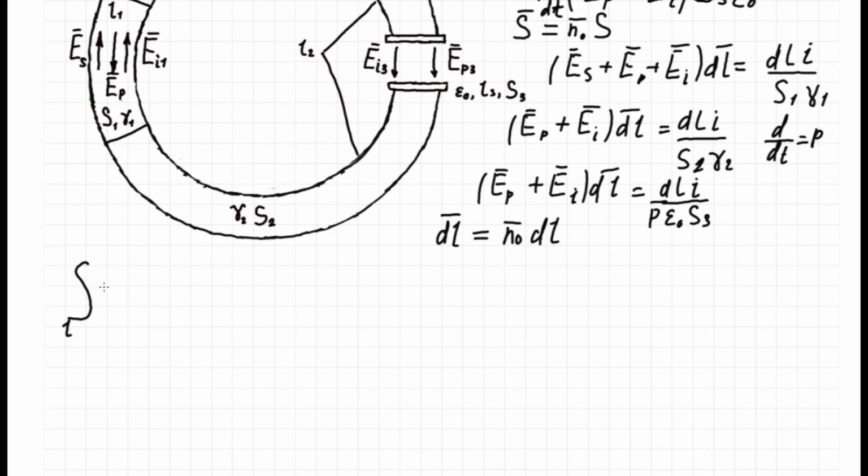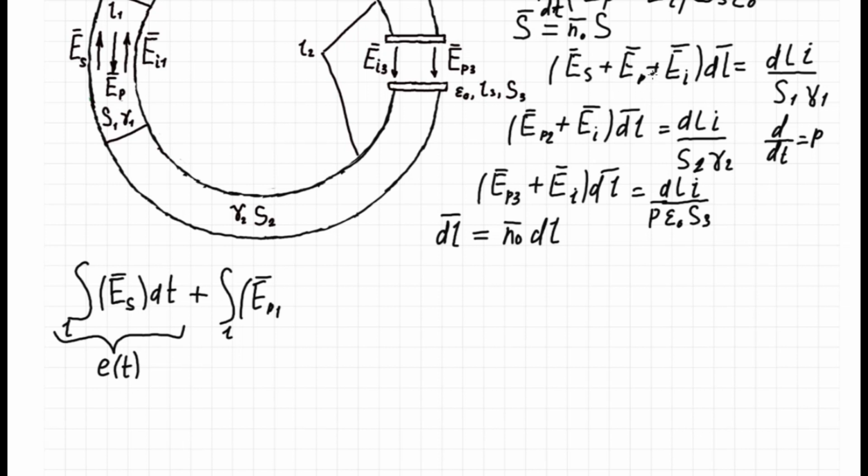And the first integral, E side integral dl is, here we write E from T, the electromotive source, plus integral by L of E potential 1, 2, 3, and 1.